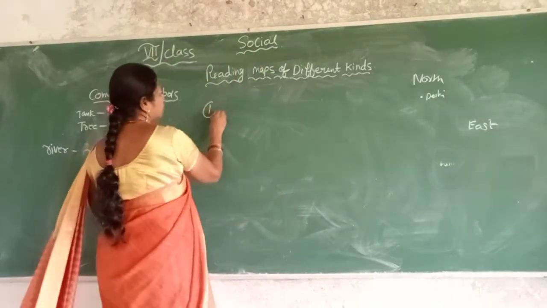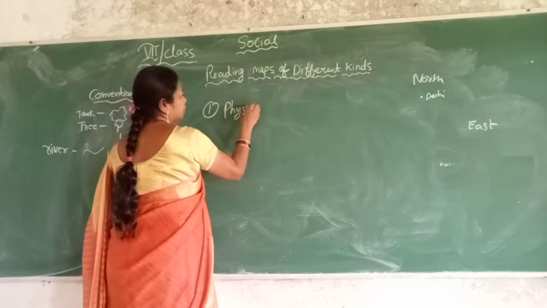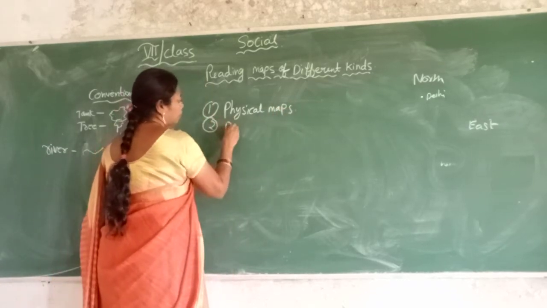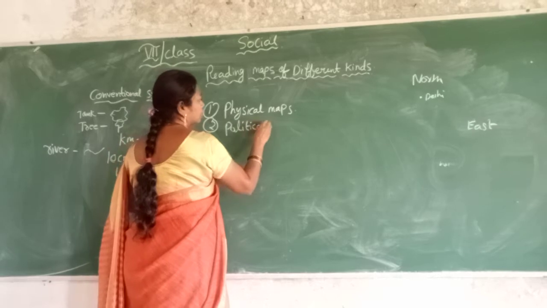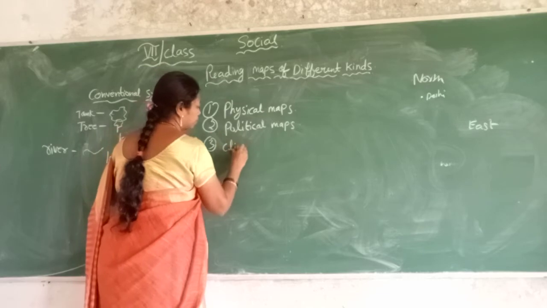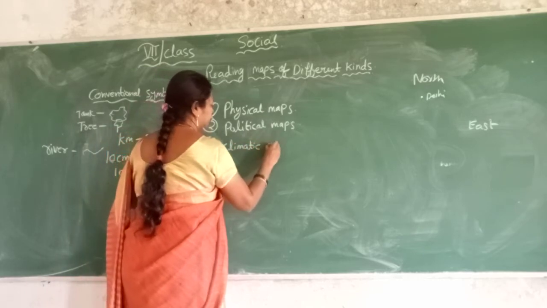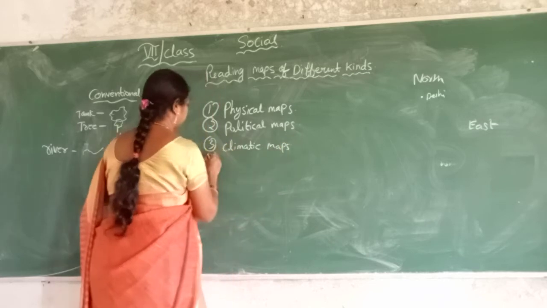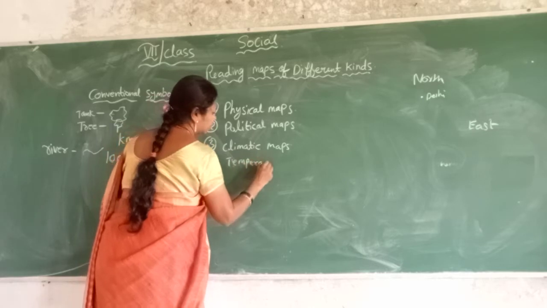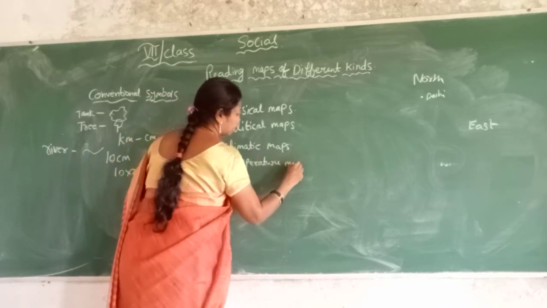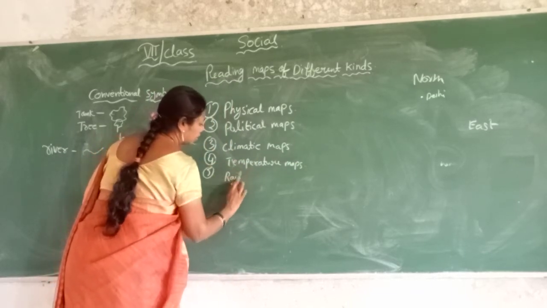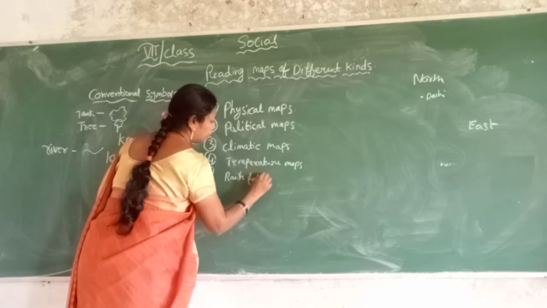So different kinds of maps. Let us see, the first one is physical maps, political maps, climatic maps, temperature maps, rainfall maps.